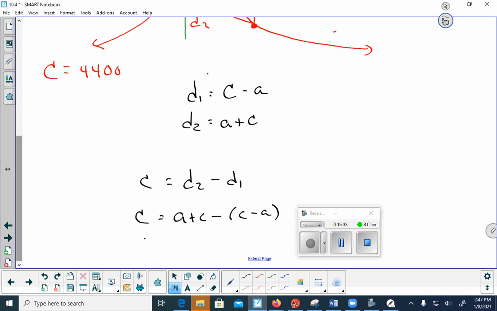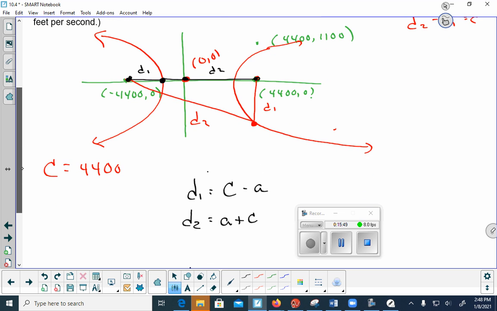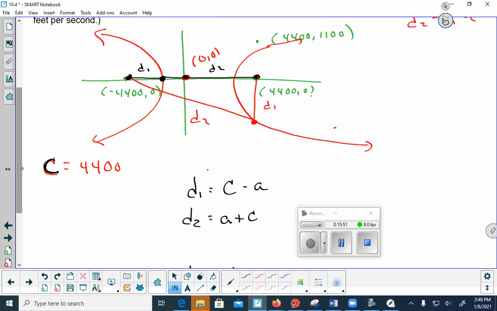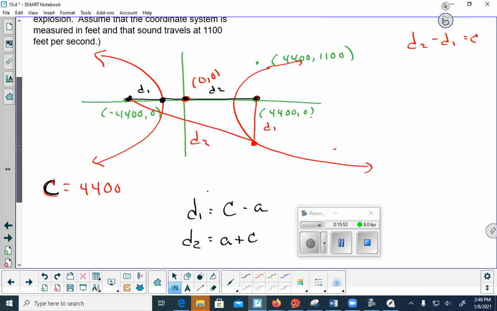I'll make it a capital C, not to confuse with that little c. So when I distribute the negative sign, I end up with my constant is equal to 2A.